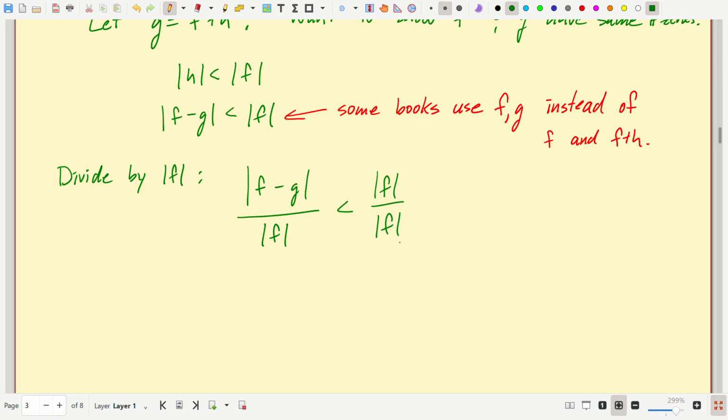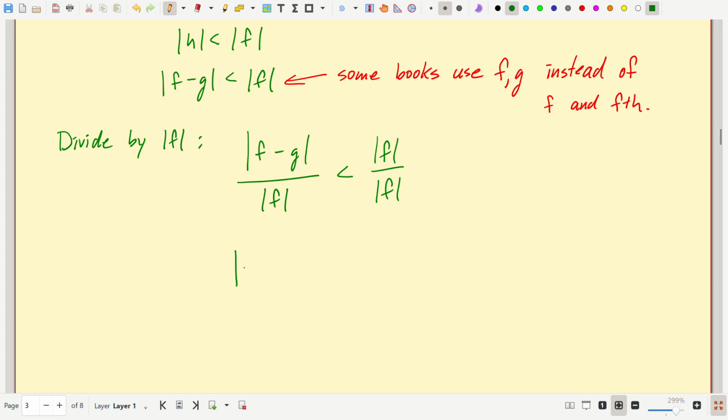And I can put that inside, and I would get the modulus of 1 minus G over F is less than 1 on gamma. I'll put that in a red box.